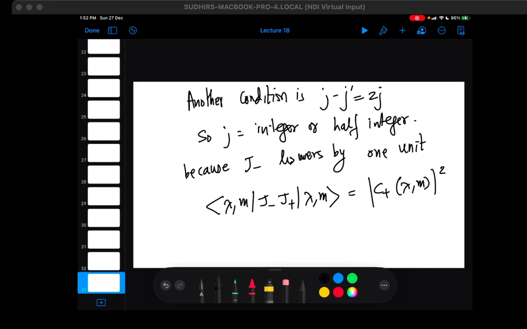This is also equivalent to, by expressing j plus j minus in terms of j square minus j3 square minus j3, into lambda m, which is equal to j into j plus 1 minus m square minus m.